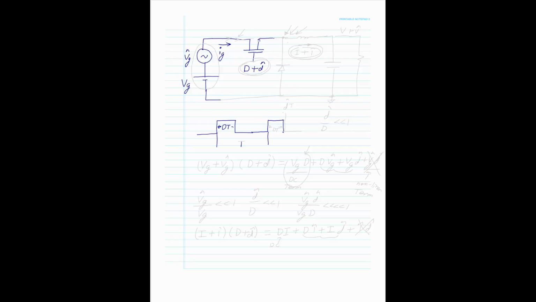So this is the T. And on this next cycle, there'll be a small perturbation here. And that small perturbation in duty cycle is the D hat T. And that would be, of course, your regular DT here. So we could see that what you want for small signal analysis is that D hat over D must be much less than 1.